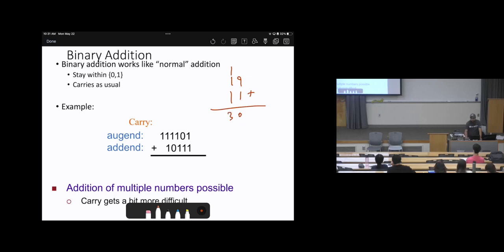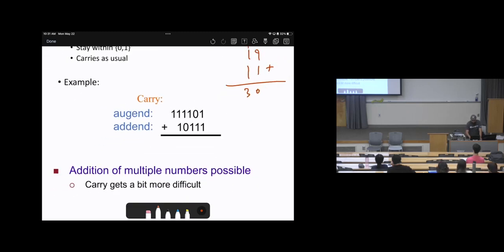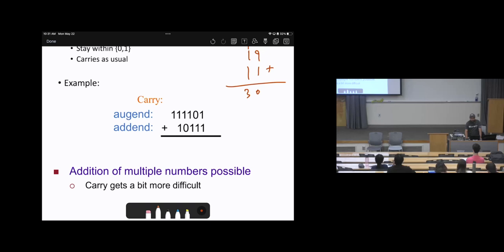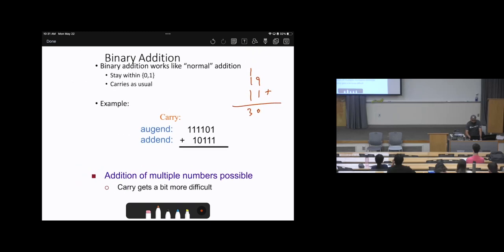That's so straightforward. But here, 1 plus 1 is 2, but there is no 2 here. What's the next number after 1? It's 10. Again, how do we count: 0, 1, 10, 11, 100, right? That's how we calculate in binary.